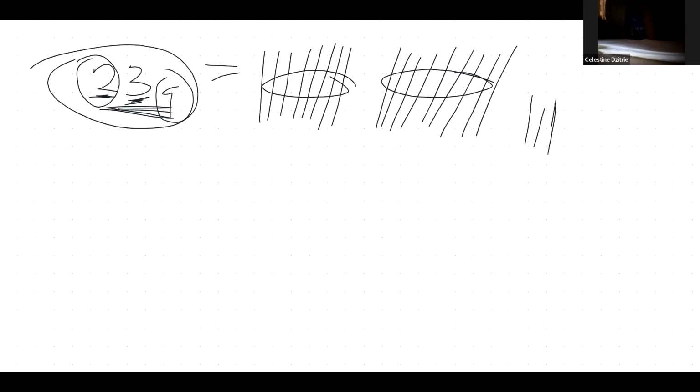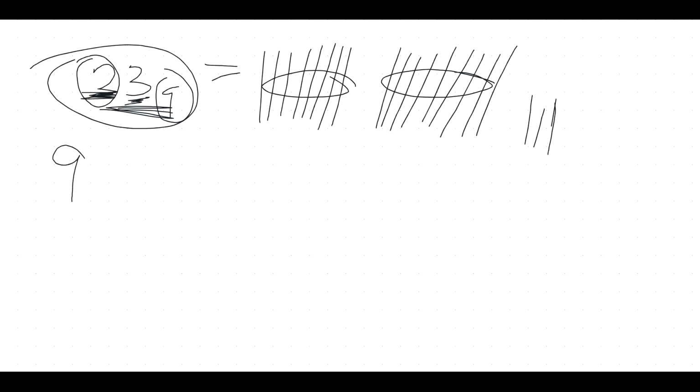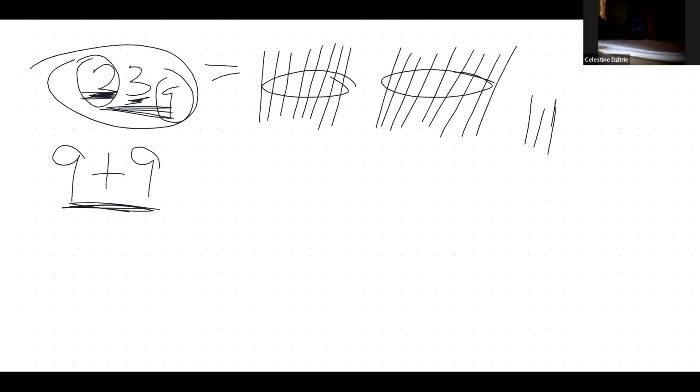So you know that these 2 here are bundles of what? 9. So you have 9 sticks, another 9, making it 2 bundles of 9s. And the 3 here is telling you just 3 singles.